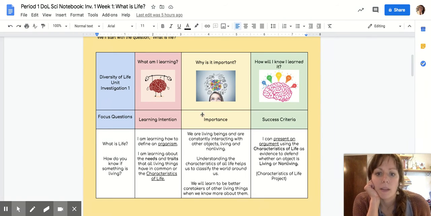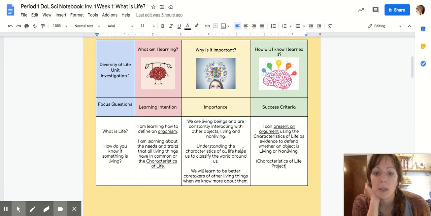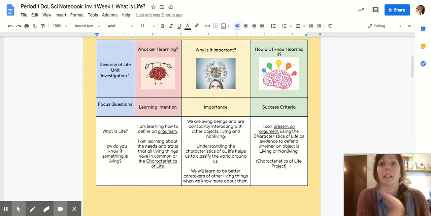Why is it important to learn about this? We are living beings. We're constantly interacting with other objects, living and non-living. Understanding the characteristics of all life helps us to classify the world around us, and we'll learn to be better caretakers of other living things when we know more about them and what they need. And the success criteria comes at the end of the investigation.